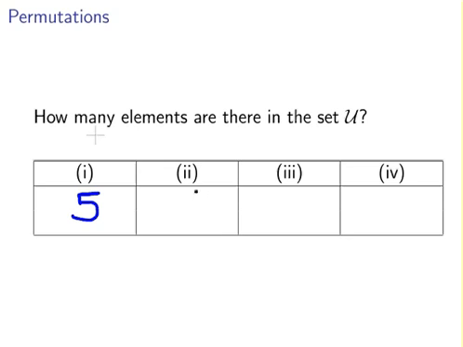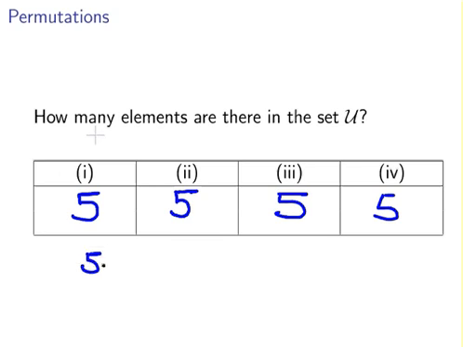Because we're allowed repeat, we actually can pick the same letter as we picked in the first phase. We can pick that again, and we have 5 letters to choose from, so we have 5 here. And again, we have all 5 letters to choose from, so we have 5 here and 5 here.